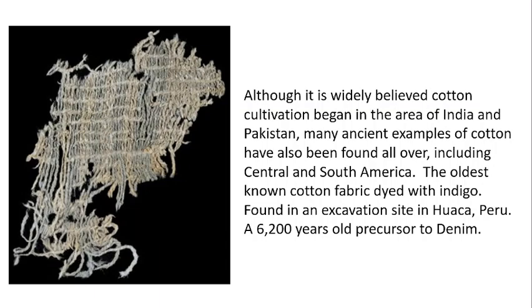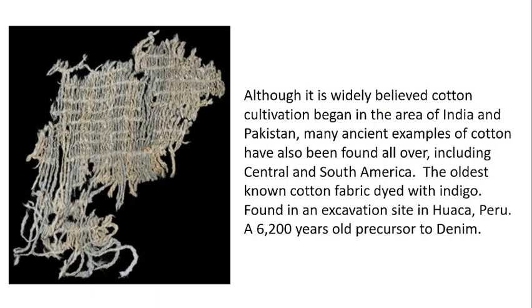Although it's widely believed that cultivation of cotton began in the area of India and Pakistan, many ancient examples of cotton have been found all over the world, including Central and South America. The oldest known cotton fabric dyed with indigo, shown here, was found in an excavation site in Huaca, Peru. It's a 6,200-year-old precursor to denim. So why do I say it's a precursor of denim?